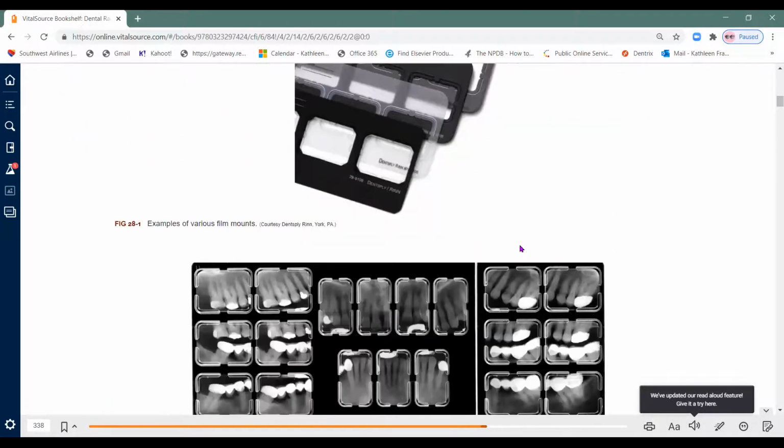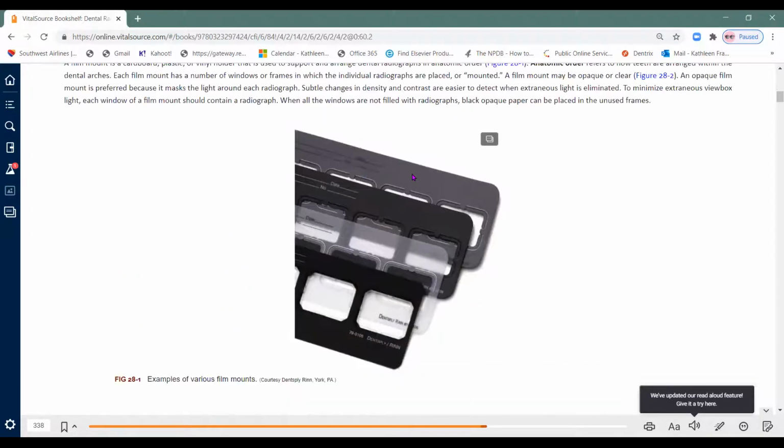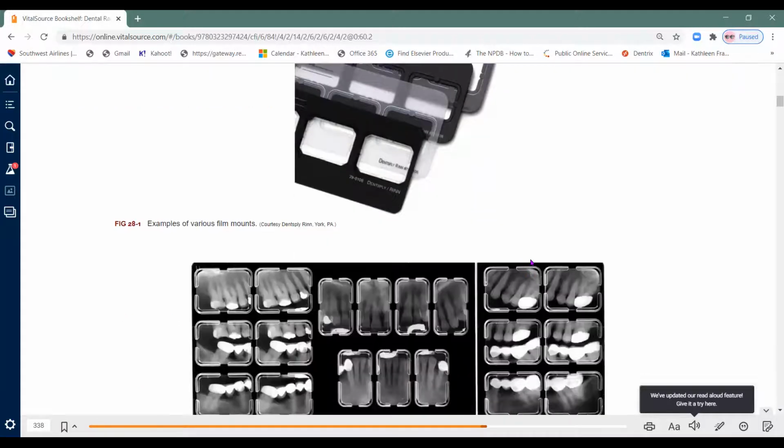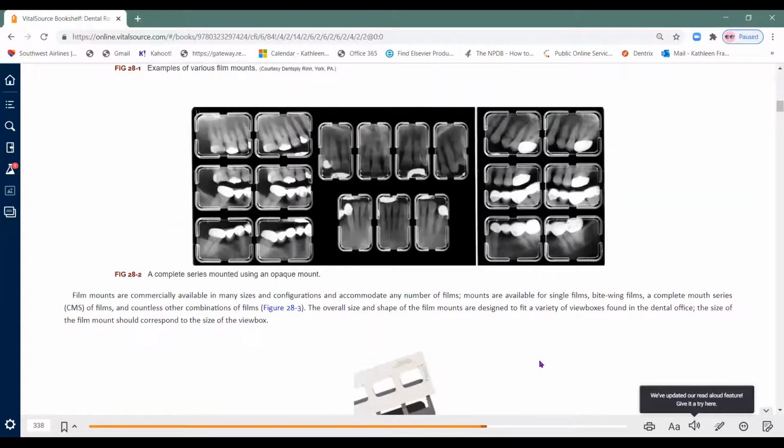The beginning of the chapter talks about how the mounts need to be cardboard or some type of dark plastic because it's easier to see that way. But we're going to be taking radiographs digitally, and it doesn't really talk about whether this is going to be black or cardboard.